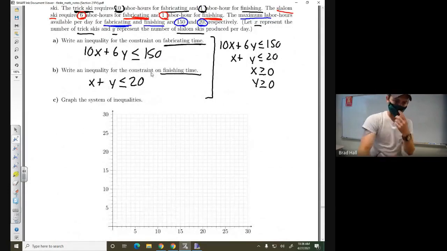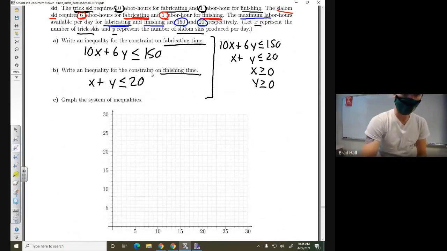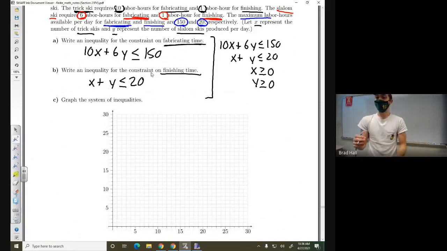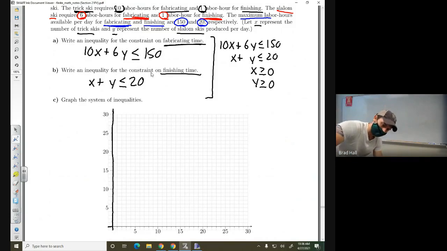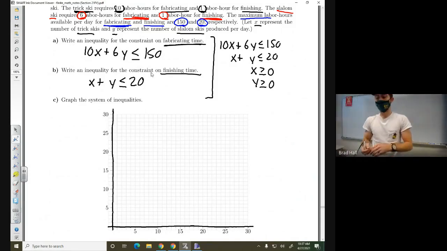And so with this, I'm again going to first graph the non-negative restrictions. The non-negative restrictions means you always put a solid line on your X and Y axes. There's your Y axis. And there is your X axis. So that's step one.